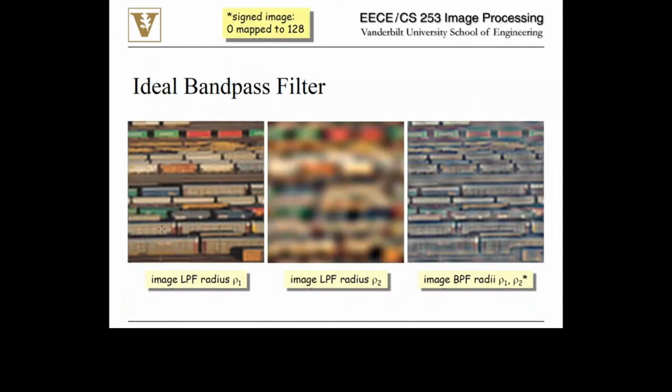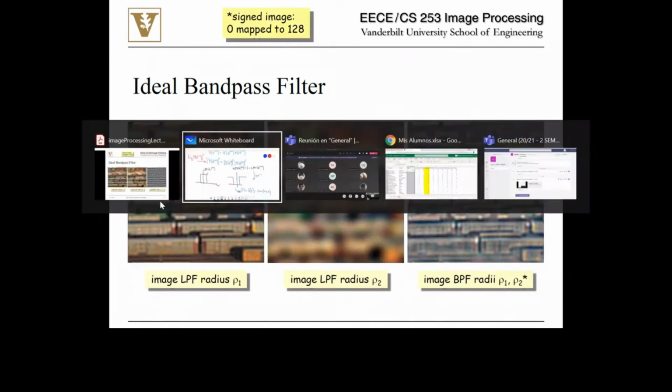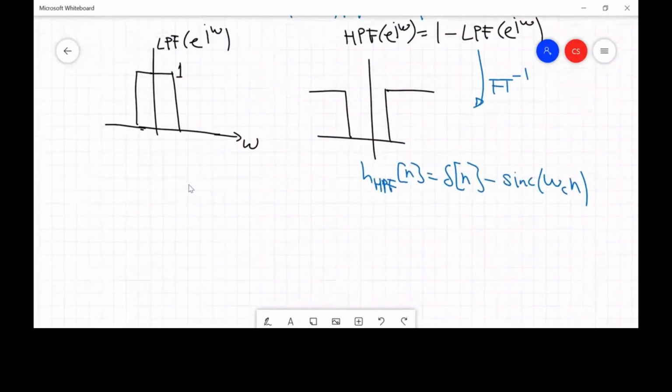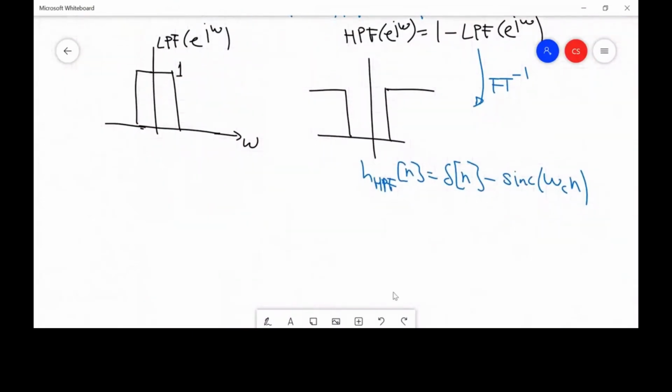And you can imagine the impulse response, using the same trick that we had before.